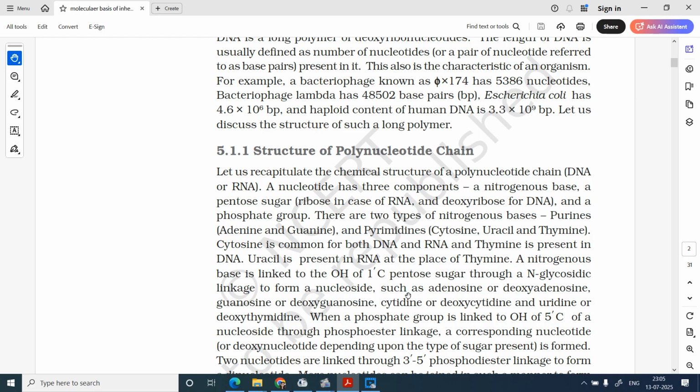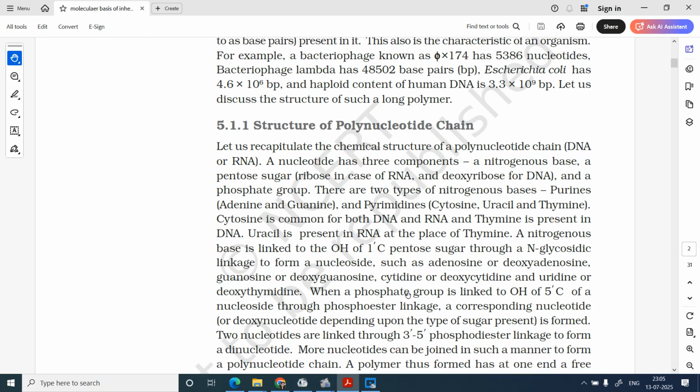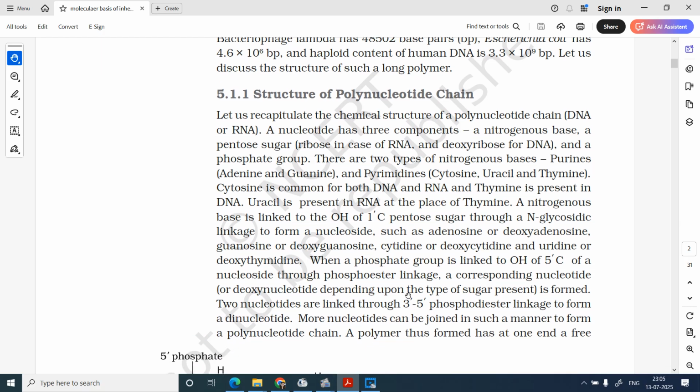When a phosphate group is linked to the OH of the fifth carbon of a nucleoside through a phosphoester linkage, a corresponding nucleotide or deoxynucleotide, depending upon the type of sugar present, is formed. Two nucleotides are linked through a 3' to 5' phosphodiester linkage to form a dinucleotide. More nucleotides can be joined in such a manner to form a polynucleotide chain.